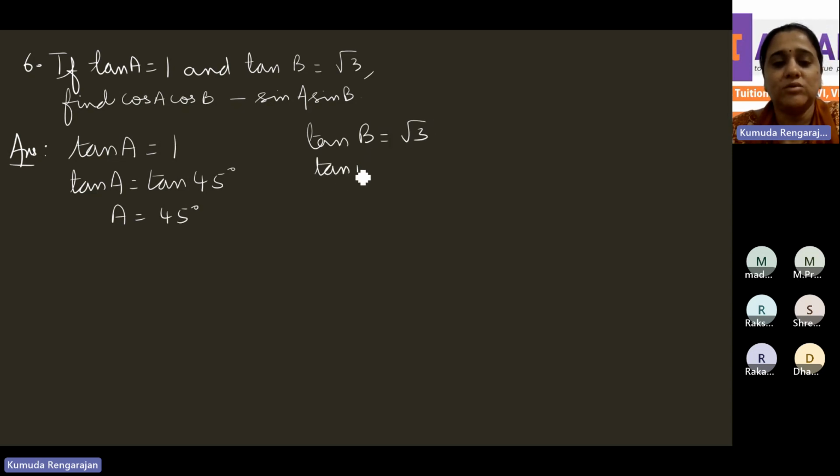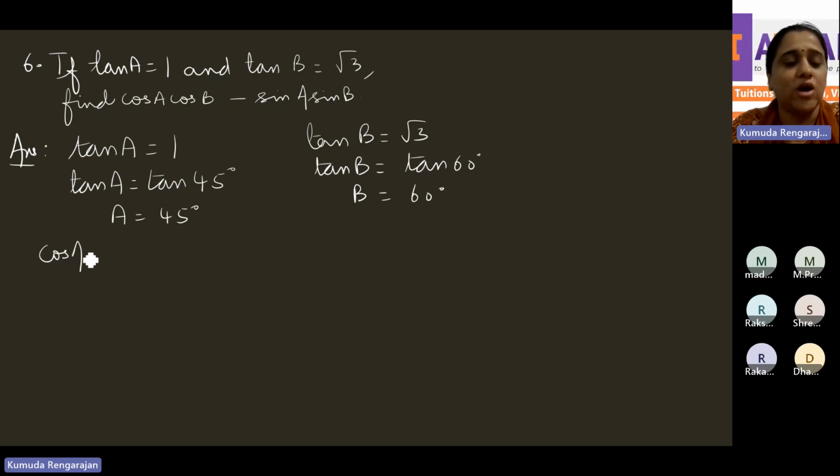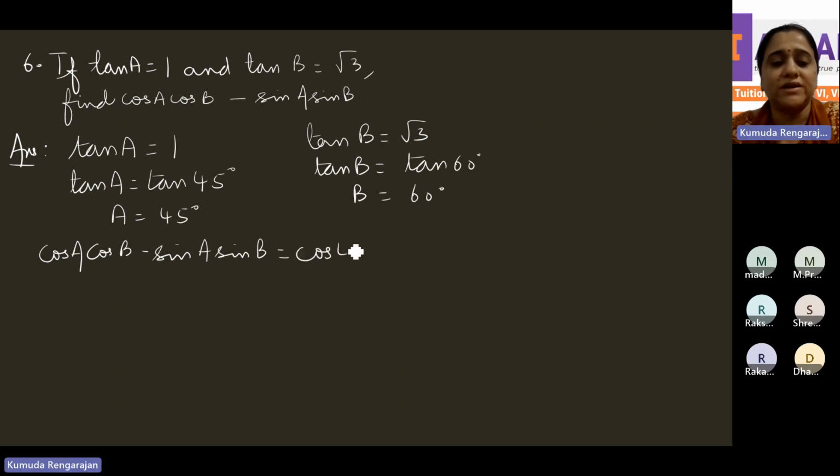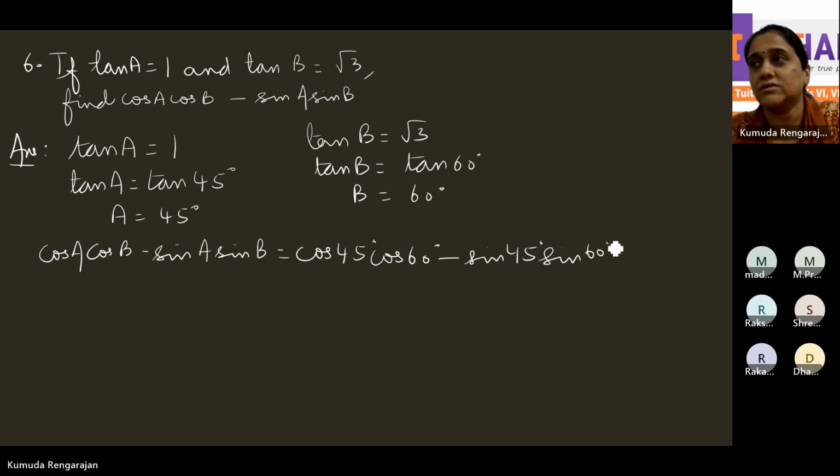Where is it root 3? Tan 60 degrees. On comparing both the sides, B is equal to 60 degrees. Now having found the values of A and B, let's evaluate cos A cos B minus sin A sin B. So this will be cos 45 degrees, cos 60 degrees minus sin 45 degrees, sin 60 degrees.